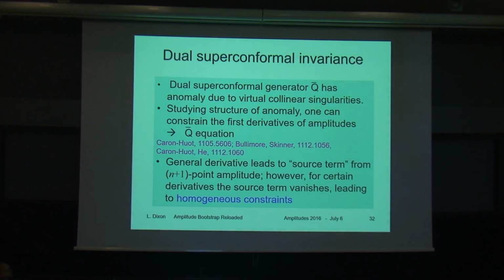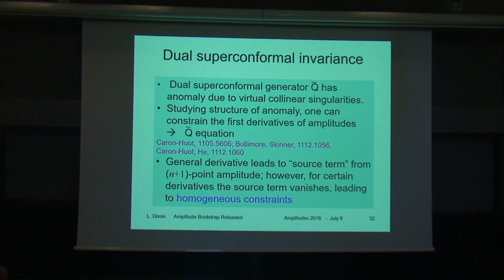The one other global constraint I need to mention, and I'm not going to go through it in a lot of detail, comes from dual superconformal invariance. About 5 years ago, Simone and Songhe and David Matt Bolmore and David Skinner found a relation called either the descent equation or the Q-bar equation, in which there's a first derivative operator representation of Q-bar on the amplitude.